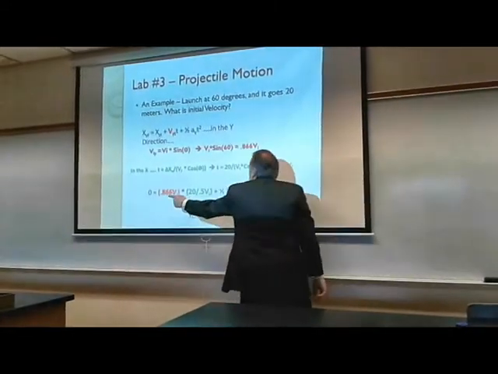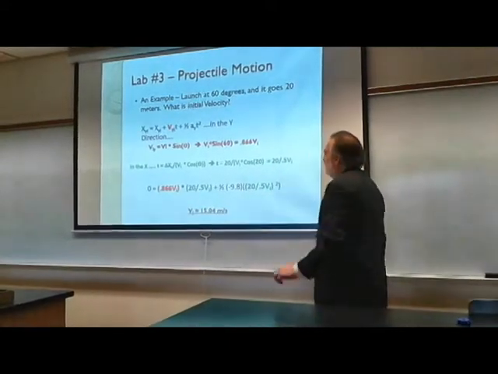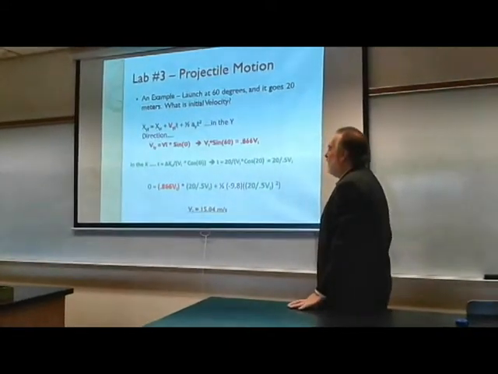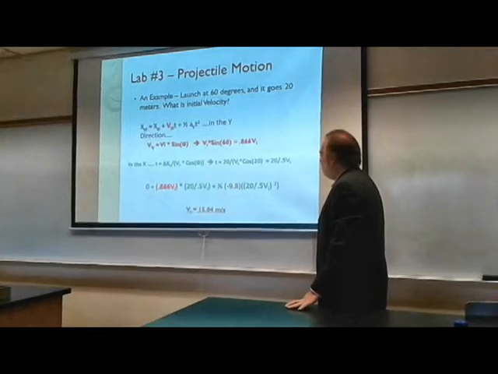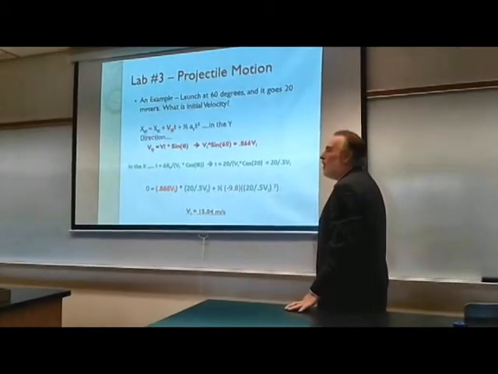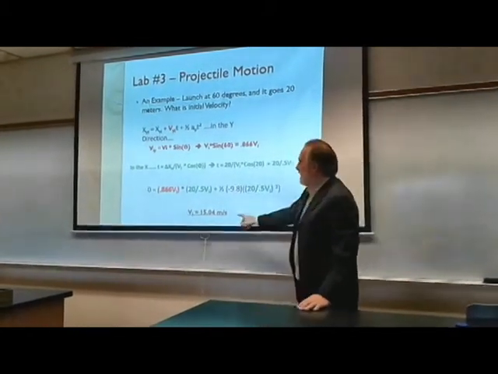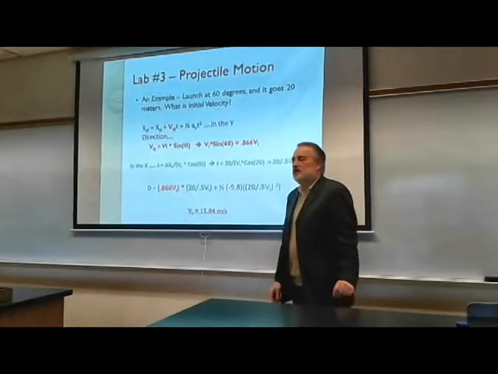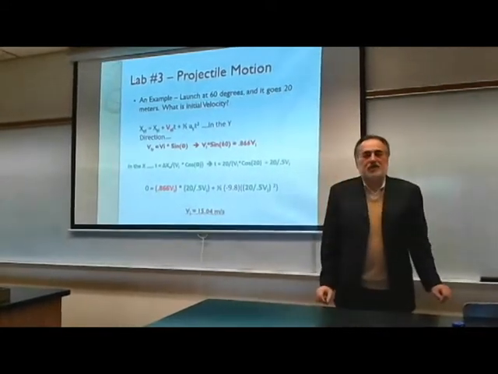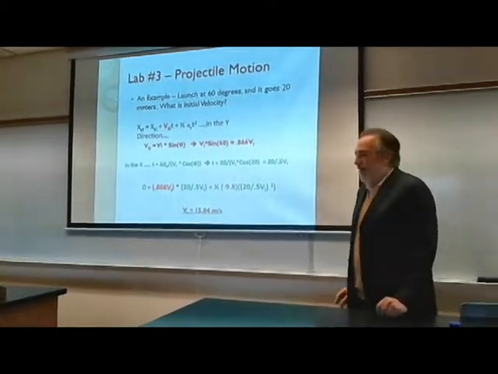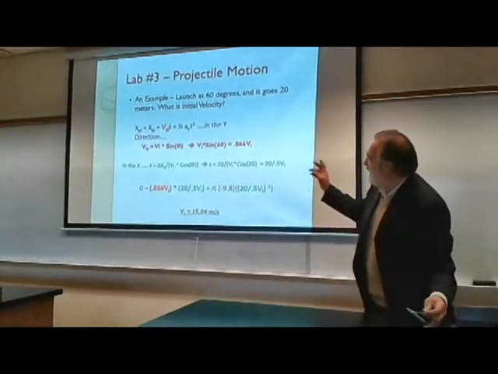Well, putting it all together, I have only one variable here, velocity initial. If you solve this, you should get velocity initial is 15.04 meters per second. That is the velocity in my example here.